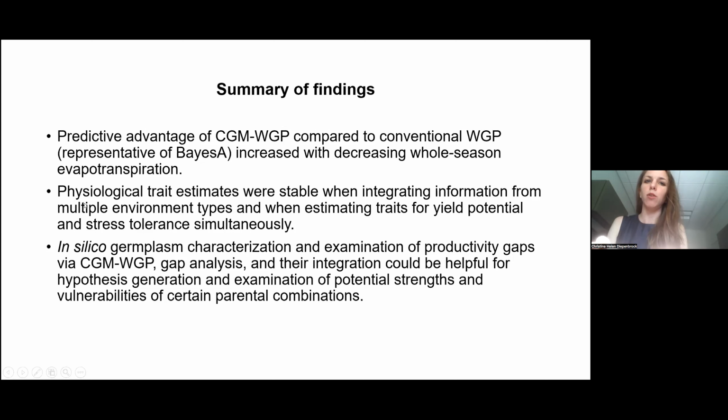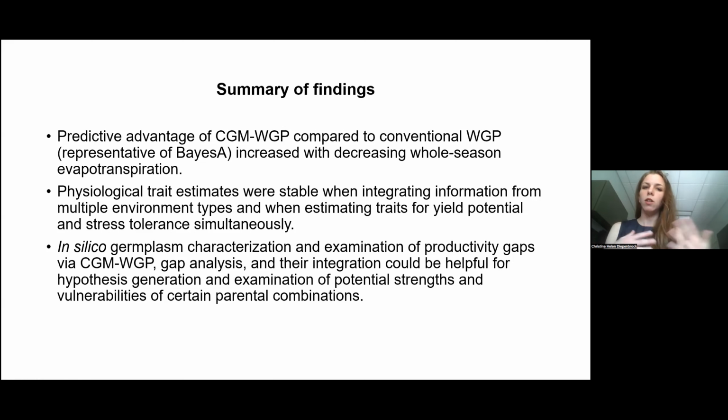Again, as mentioned, these physiological trait estimates were quite stable as we tested different configurations of the model. And finally, this is in silico germplasm characterization to some extent. It is based on biological priors that were established for this population, or prior ranges for the mean for each of the parameters tested. But we did end up integrating Cgm-WGP as well as a gap analysis framework where we can look at attained or realized yield versus yield potential as simulated by the crop growth model.